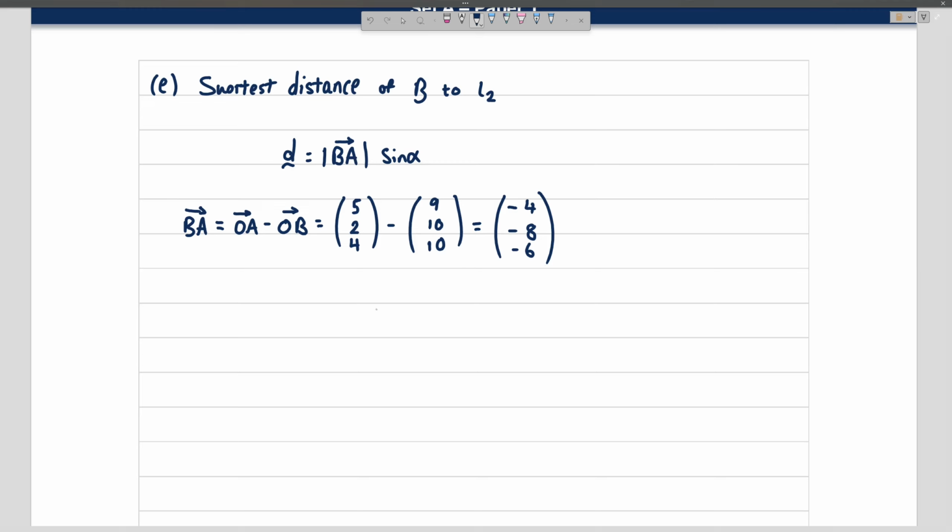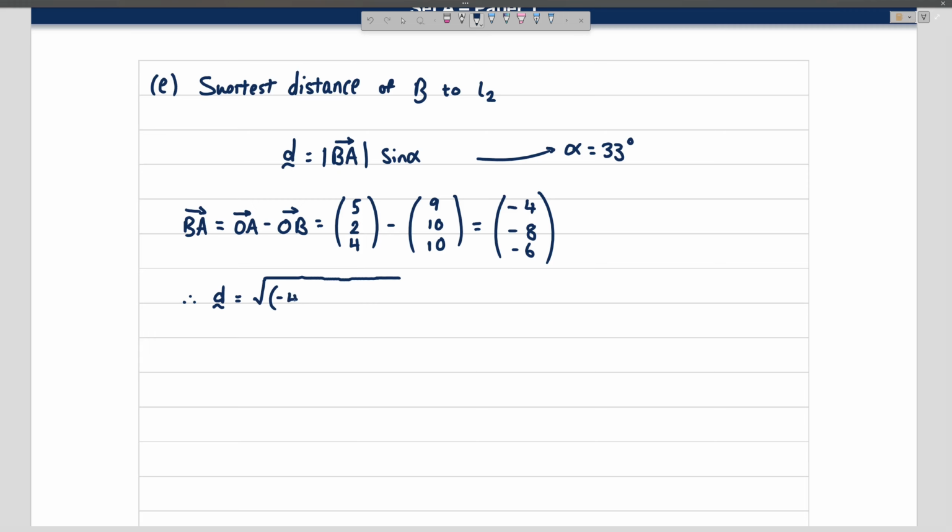So what I need here then is the magnitude of this vector, and I times that by sine of alpha. Alpha here will be 33 degrees. Just make a note of that as well there. So in that case then, the vector D here is equal to the square root then of, like we said here, we take the magnitude of this vector here.